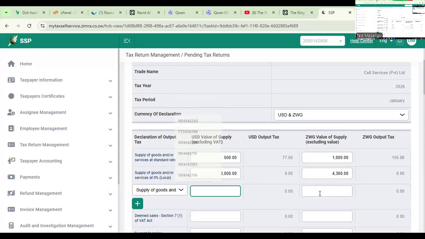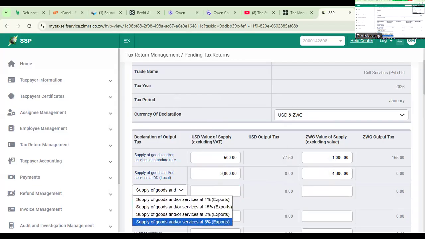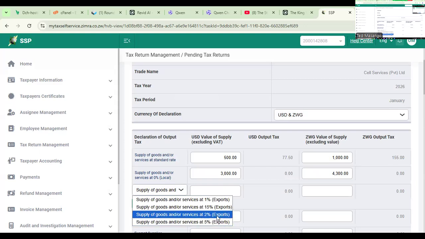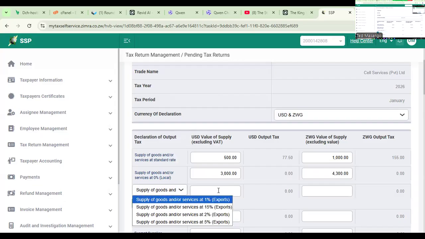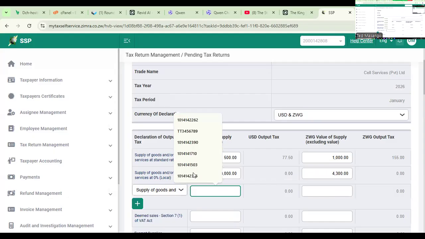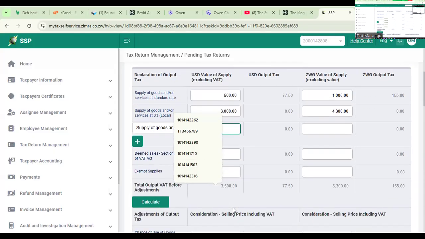Then you could come here and, if there are any other suppliers like at 5%, at 2%, you could come and put up that. But mostly those are the two that you have to put.